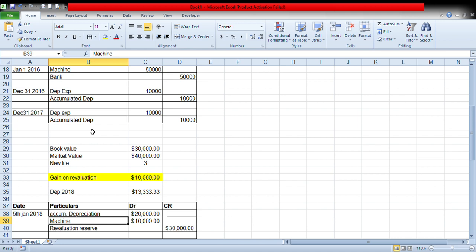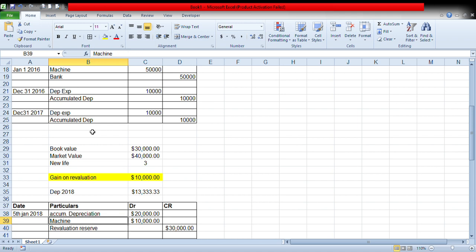In the case of loss, revaluation reserve debit, machine credit. We reverse the entry in the case of loss: machine credit, revaluation reserve debit.